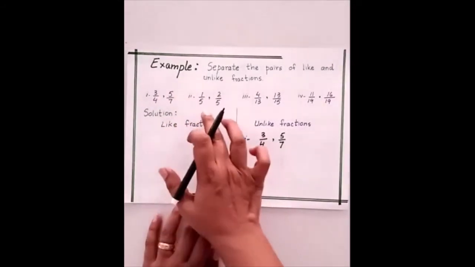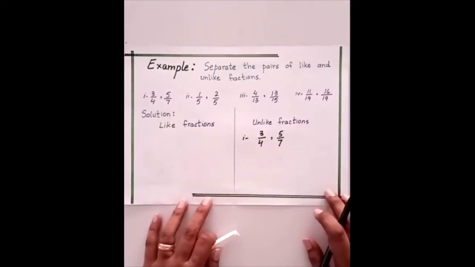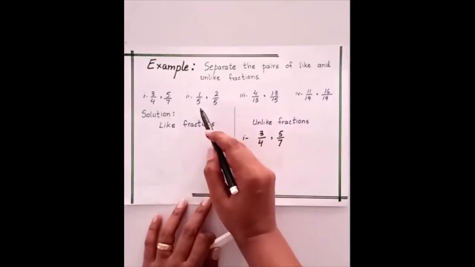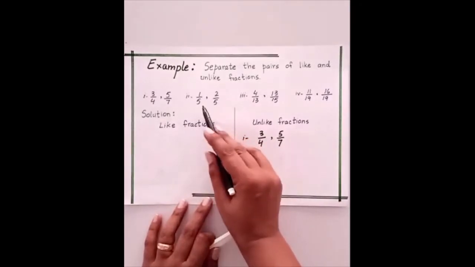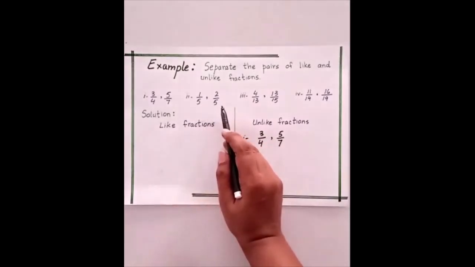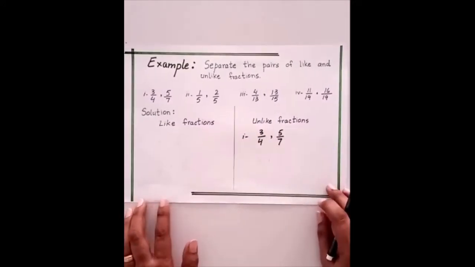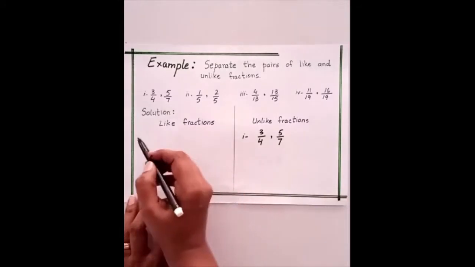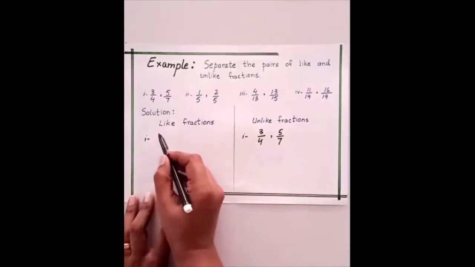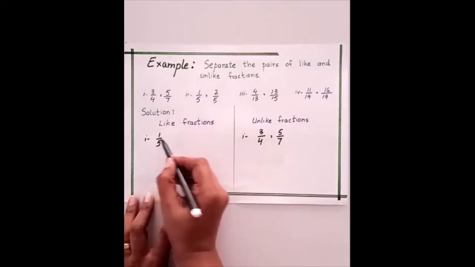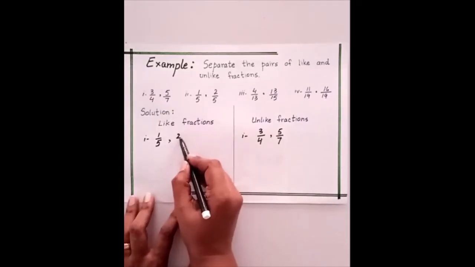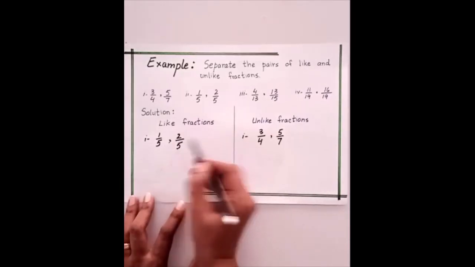Number 2, we will see the denominators. 5 and 5 means they are like fractions because their denominators are the same. 1 upon 5, 2 upon 5.